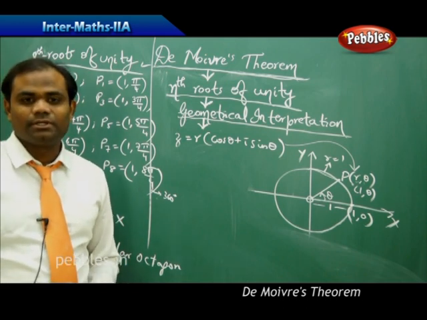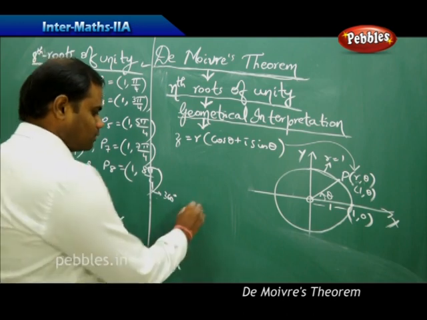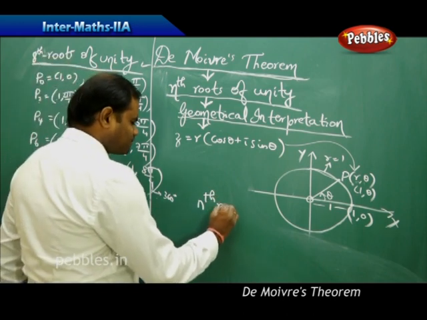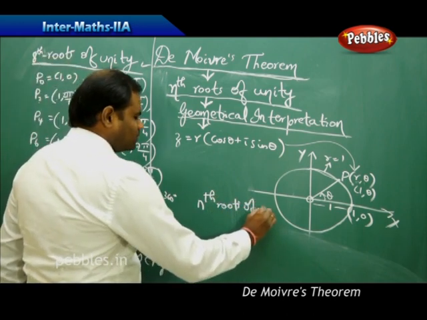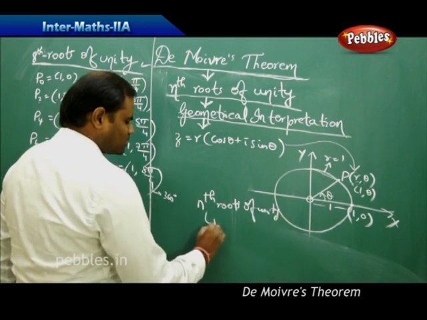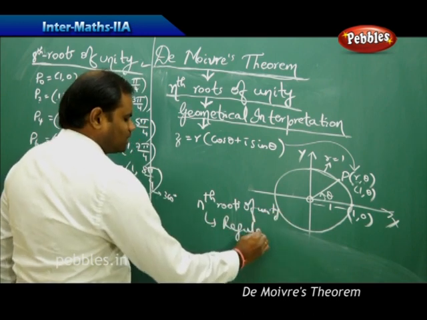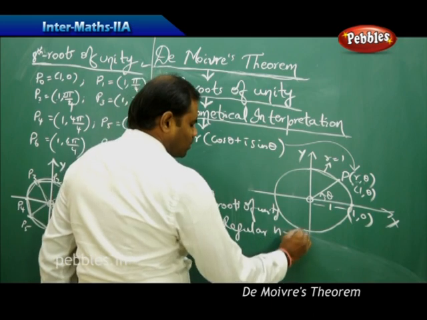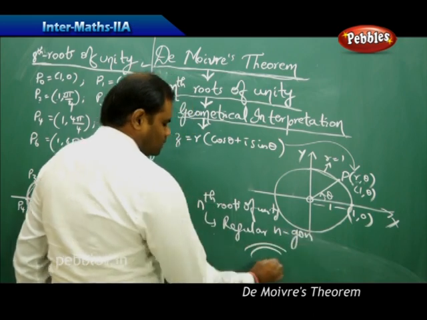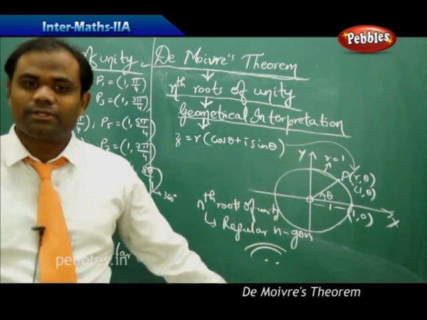The nth roots of unity is nothing but an n-gon. So we conclude nth roots of unity is nothing but a regular n-gon or a polygon on the unit circle.